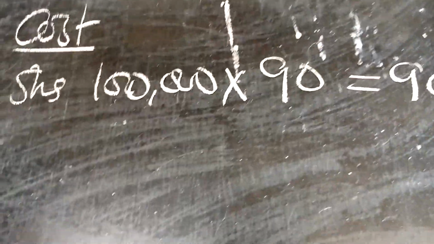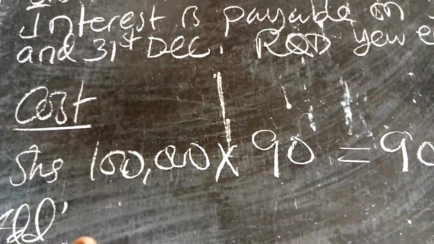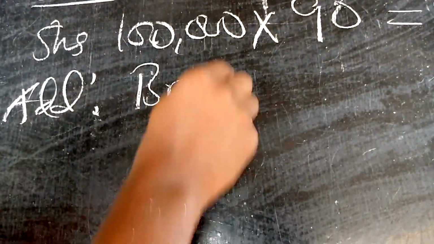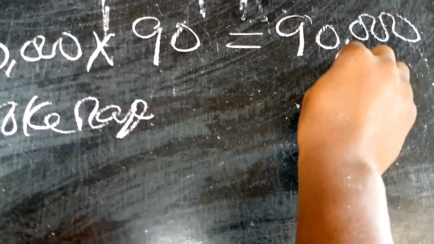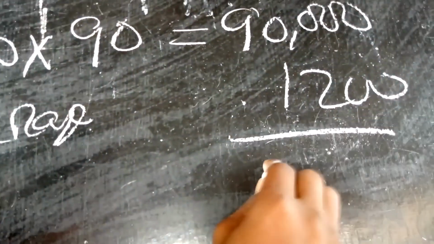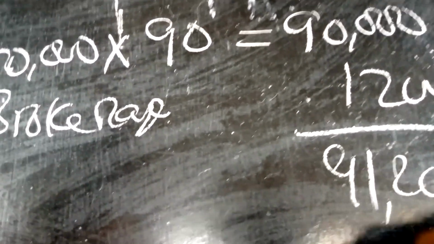But because brokerage is part of the expenses, it should be added to this amount. The brokerage charge here is 1,200. So if you add, it should be 91,200. Okay, so this is the cost.